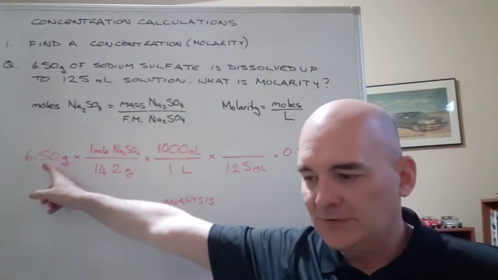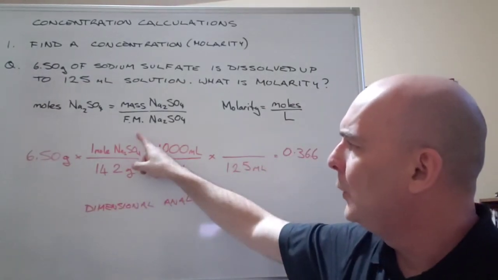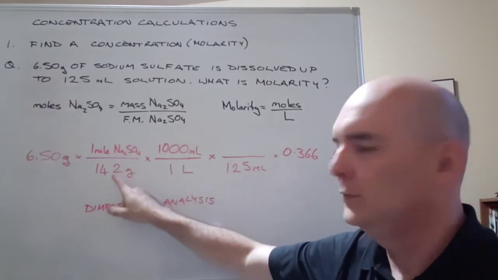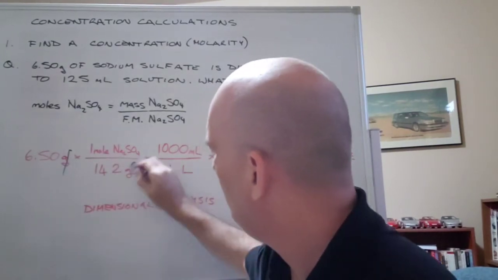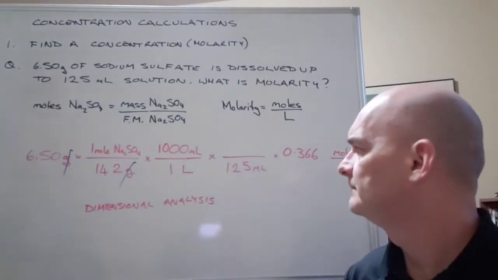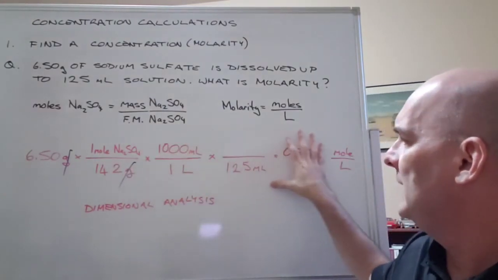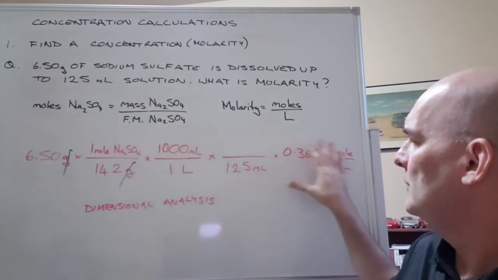6.50 grams is given in the question, and I know that 1 mole of sodium sulfate would weigh 142 grams, and setting it up this way makes the grams cancel. But that mole is not going to cancel by anything else that's in the question, and so will carry through.